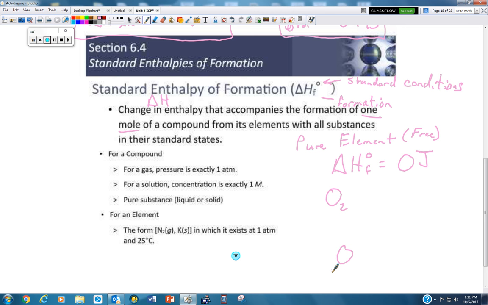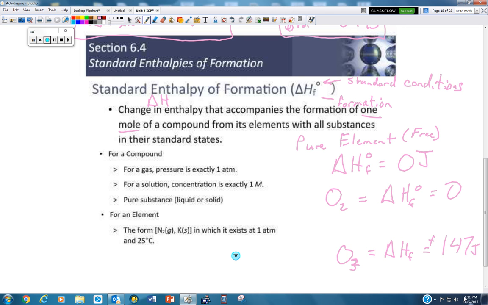All right. So we need to recognize O2's heat of formation equals 0, whereas O3 heat of formation equals 142.7.